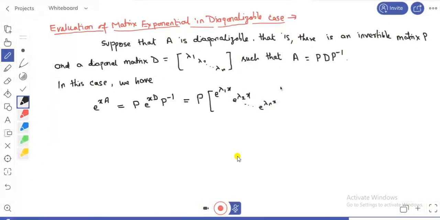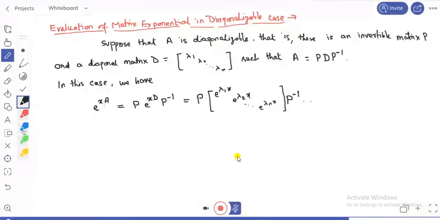So this is the formula which can be used to find the exponential of xA. If any matrix A can be diagonalized in the form A equals P D P inverse, then its exponential can be derived by this expression.